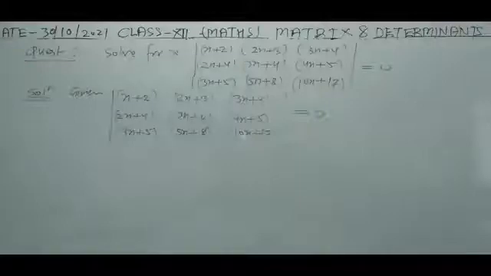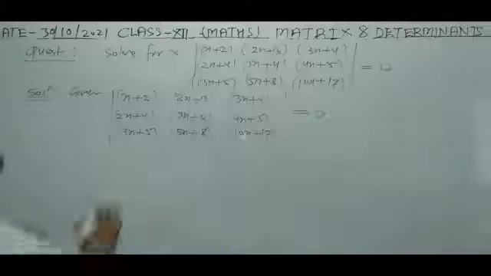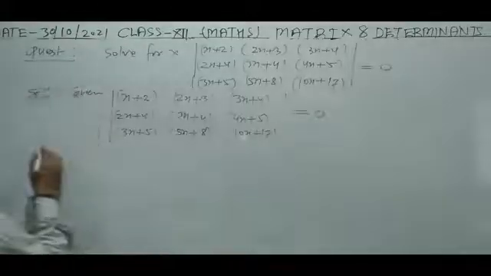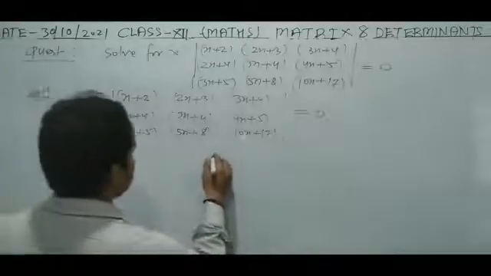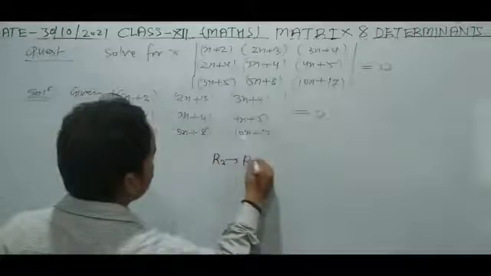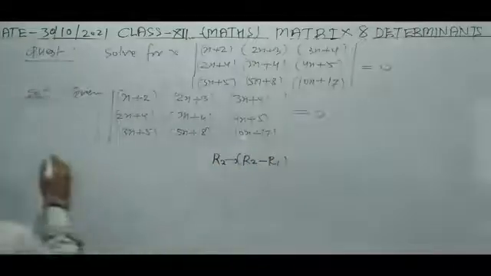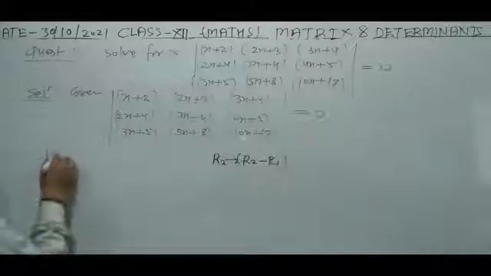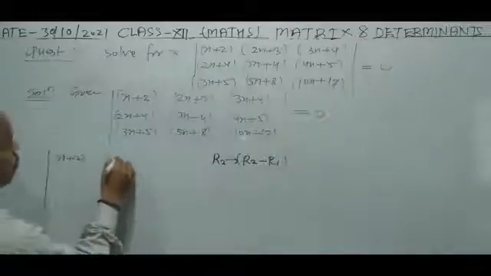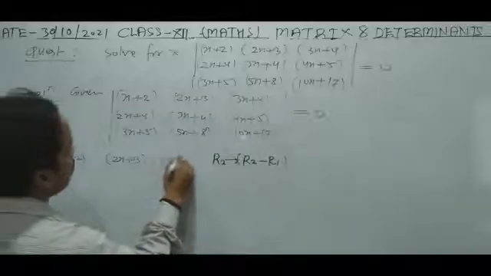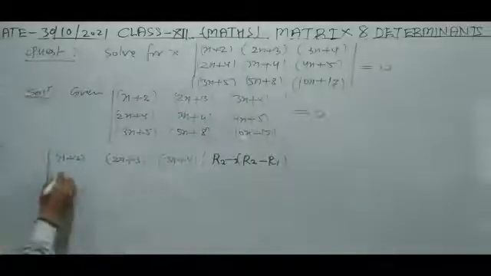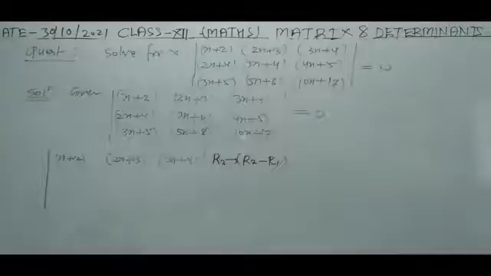So first of all we have to operate row property. So what we can write? R2 tends to R2 minus R1. There is no information about R1, so you can copy R1: x plus 2, 2x plus 3 and 3x plus 4. Now R2 minus R1, 2x minus x, and result will be x plus 2.